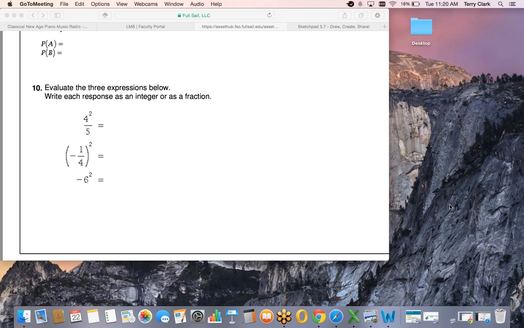You can just say negative 1/4 times negative 1/4, and that'll be 1 times 1 which is 1, and then 4 times 4 will be 16. The double negatives make a positive there. And then the first one, 4 times 4 on that one will be 16/5. So just watch out for that one.